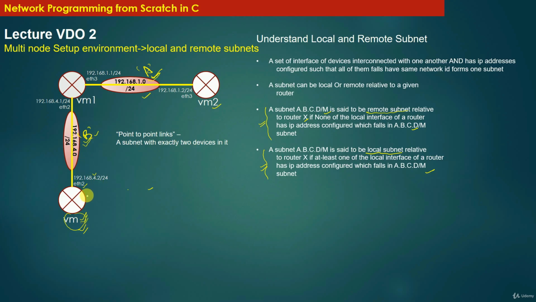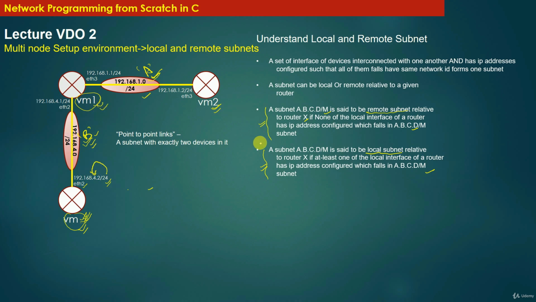Because router VM has at least one local interface which has an IP address and mask value configured such that applying the mask value gives the network ID of subnet B. So subnet B is a local subnet to router VM. Similarly, subnet A is a local subnet to router VM2. And subnet A and subnet B are both local subnets to router VM1.